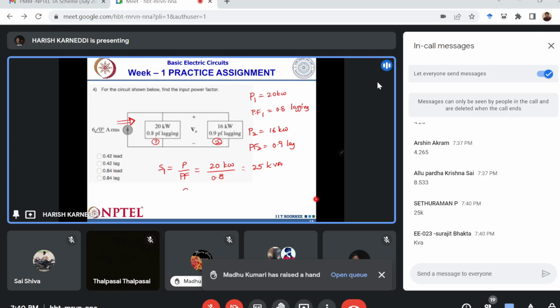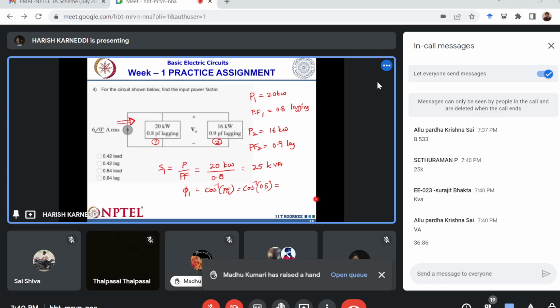What's the phase angle? Equal to cos inverse of power factor 1, that is cos inverse of 0.8. So cos inverse of 0.8 is 36.86.